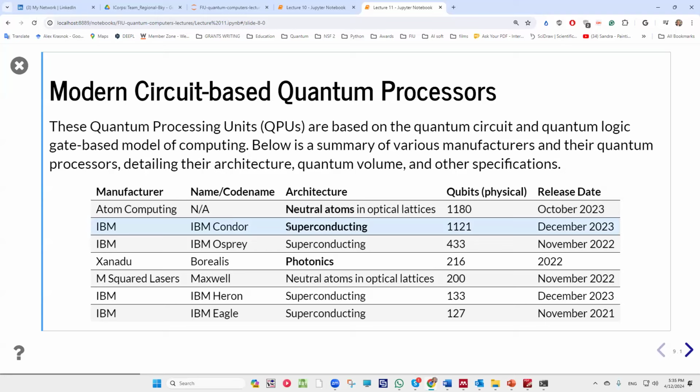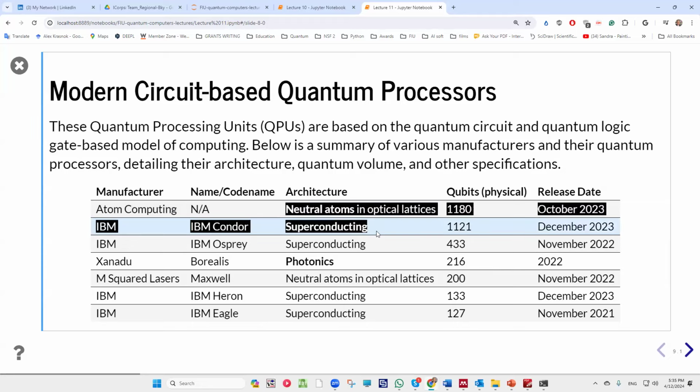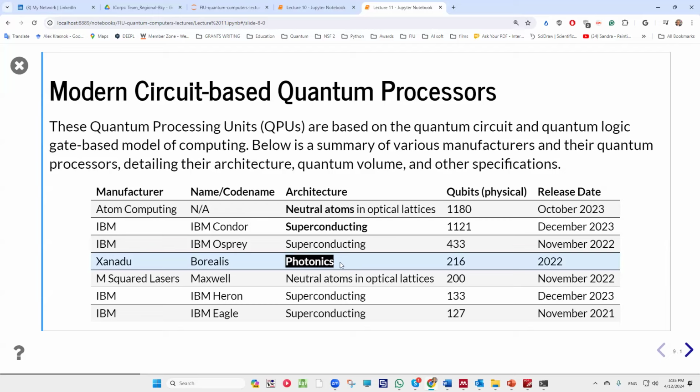Neutral atoms. And then goes superconducting, basically circuits based on superconducting quantum Josephson junctions. These 2 platforms we will discuss next time. And the last one is photonics.